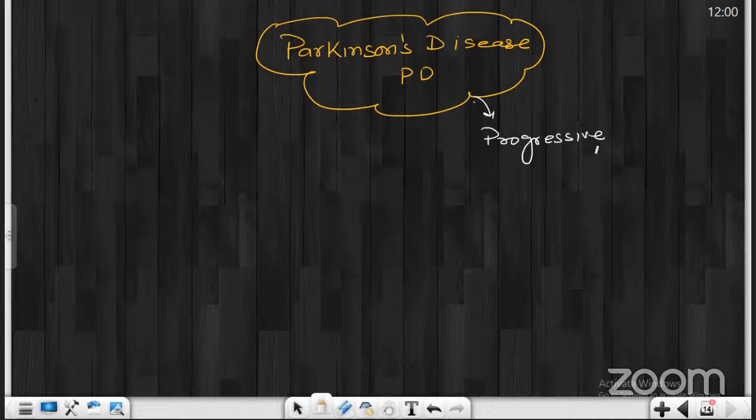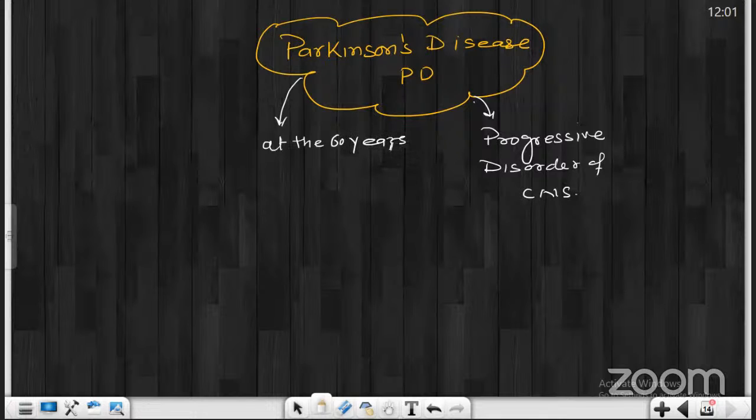Progressive degeneration or disorder of the CNS, brain and spinal cord, slowly affected. Mainly it affects at the age of 60 years. The cause is unknown. It depends from person to person, but generally Parkinson's disease is found at the age of 60.